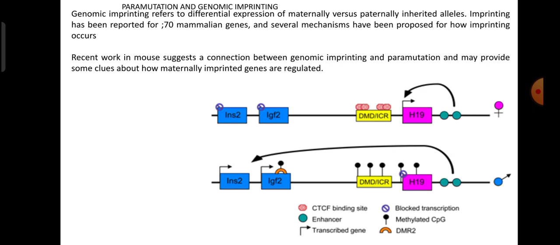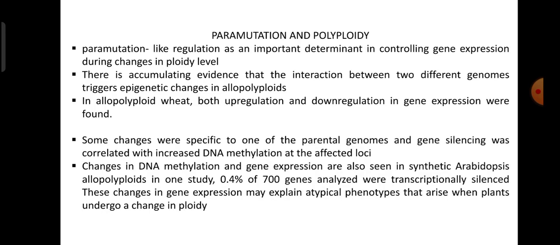They express differently in the progeny, which is nothing but genomic imprinting. Work on mouse suggested a connection between genomic imprinting and paramutation and may provide some clues about how maternally imprinted genes are regulated. Next popular and famous example is paramutation and polyploidy observed in wheat.